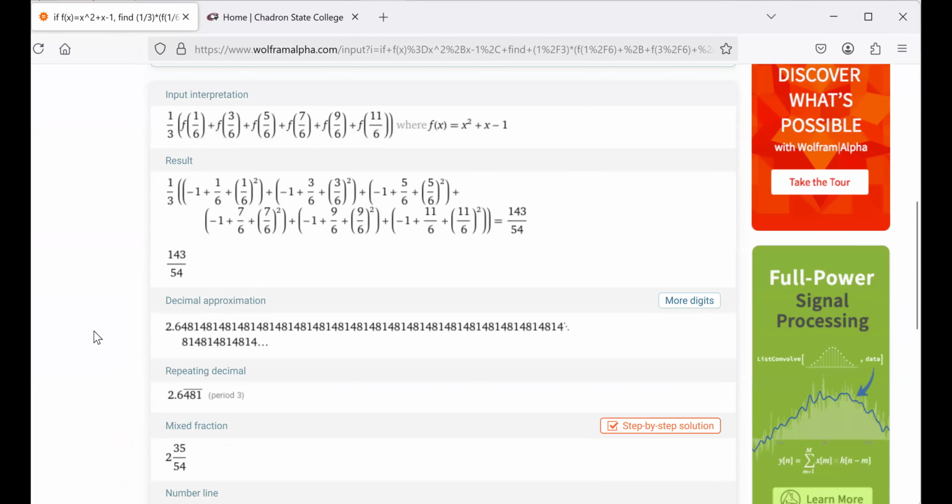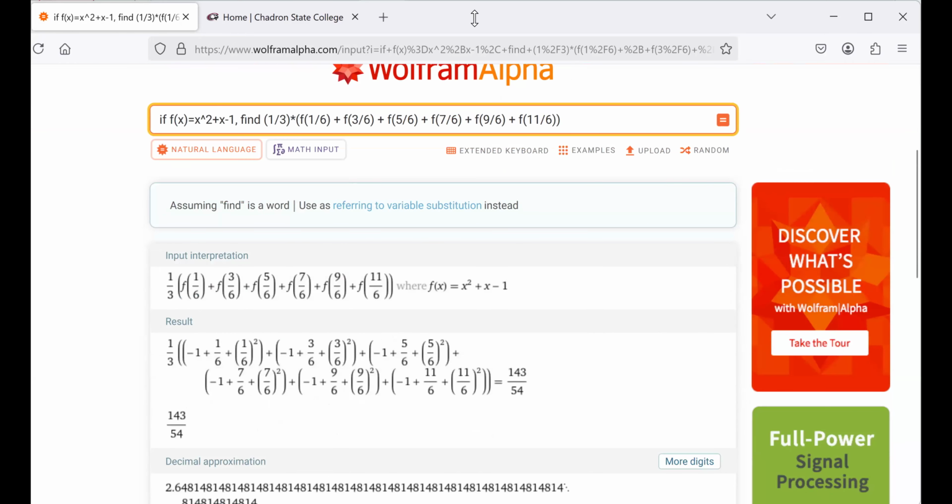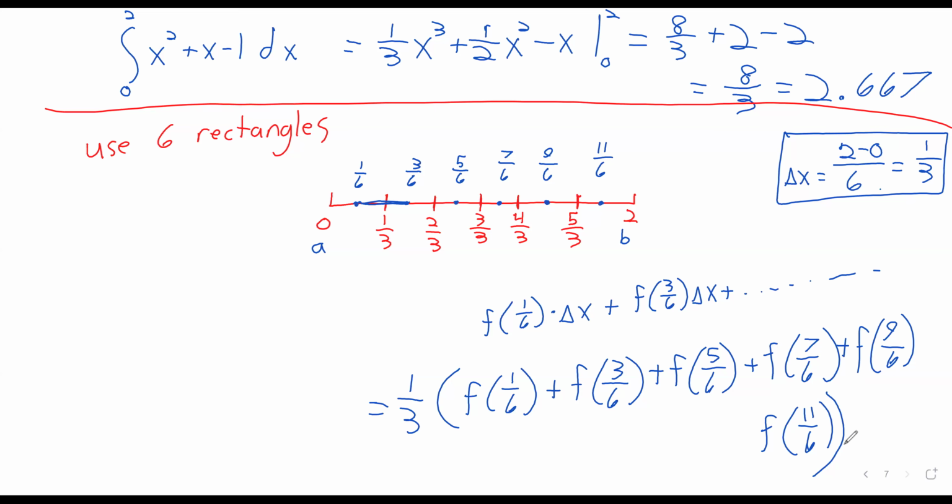Okay, so we get 2.6, which is not the best approximation. I was honestly hoping for a little more, but I mean, it's accurate up to the first decimal place.